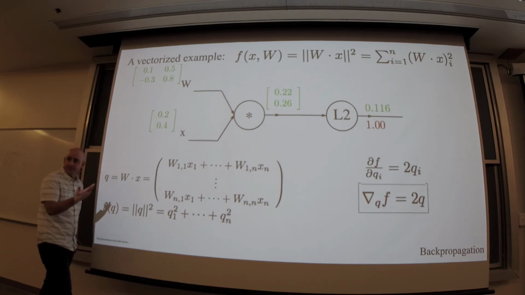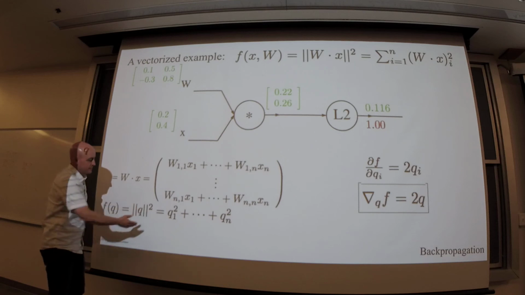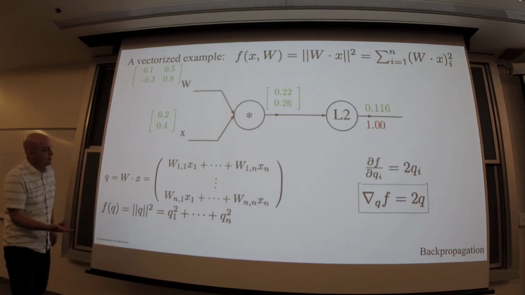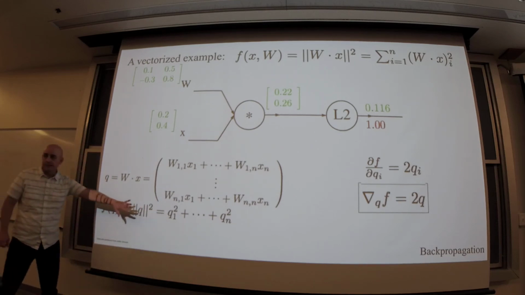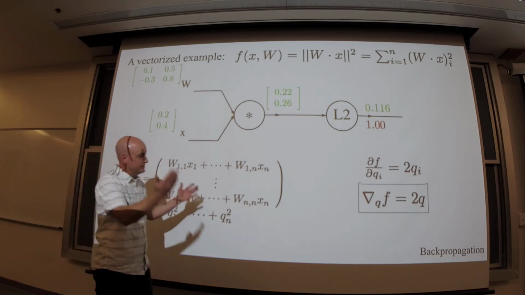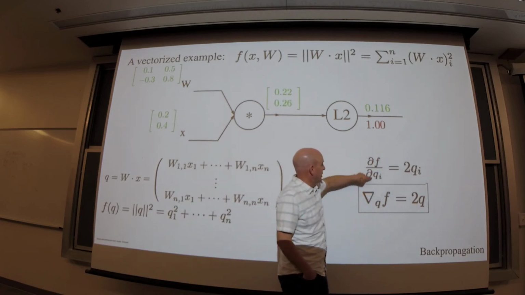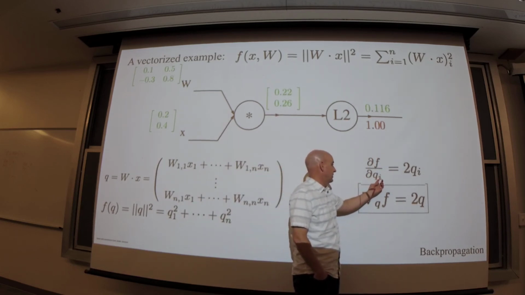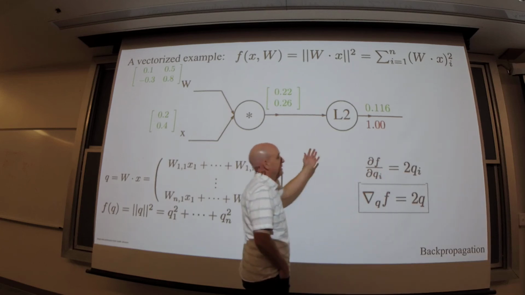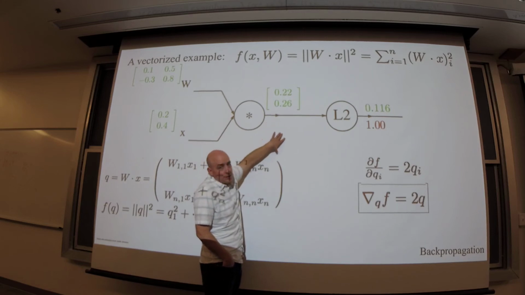What do I get? I get 2Q1, right? And if I take the partial with respect to Q2, what do I get? 2Q2. These are just nice, simple polynomials. So that's what it's showing right here. These are your partials with respect to Q, i equals 1 with respect to Q1, i equals 2 with respect to Q2: 2Q1, 2Q2. So what is the gradient going to look like right here?